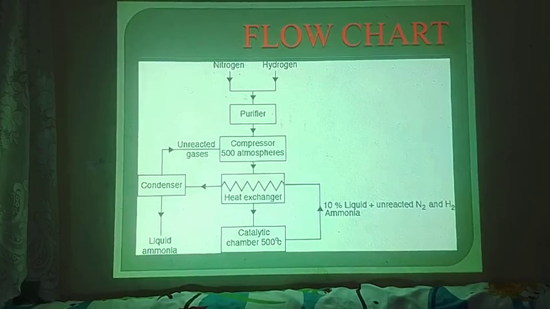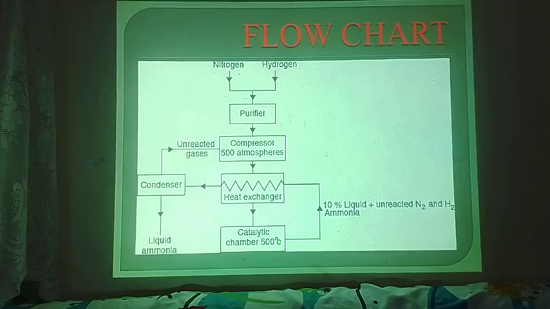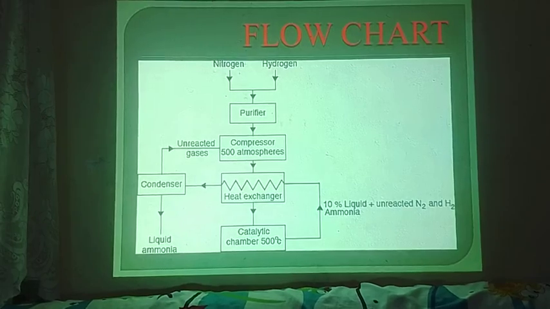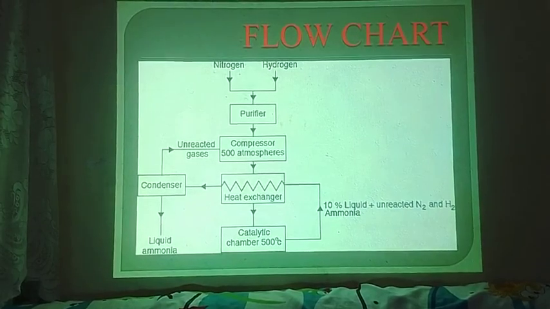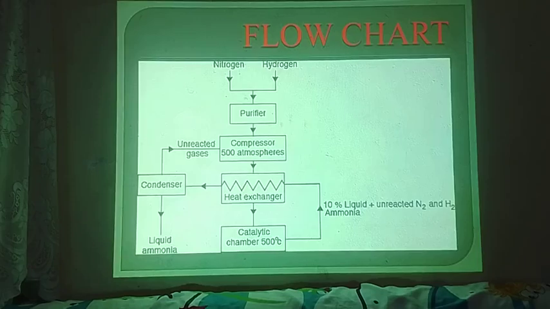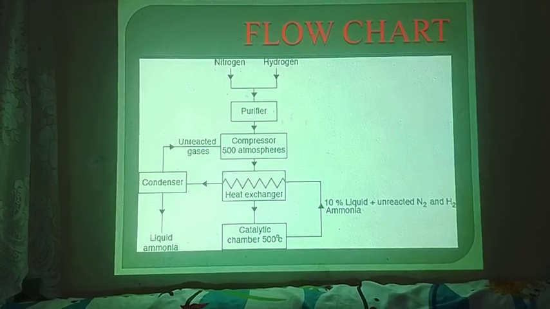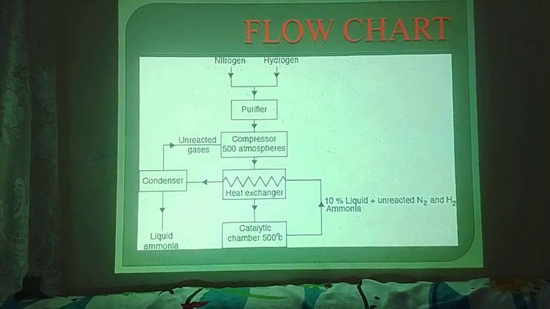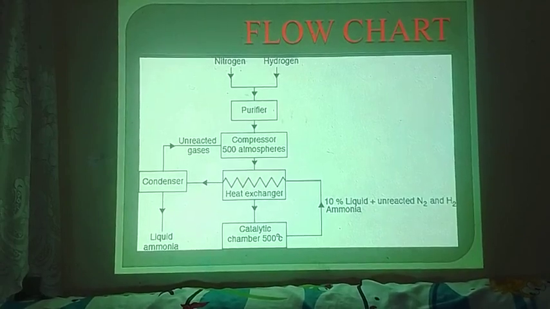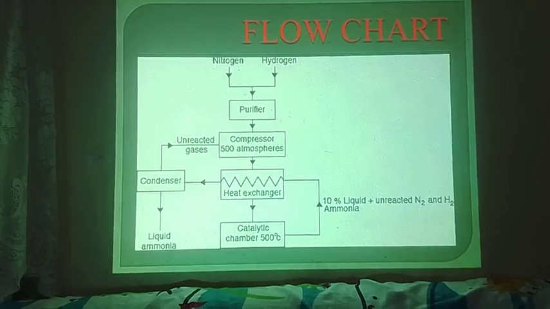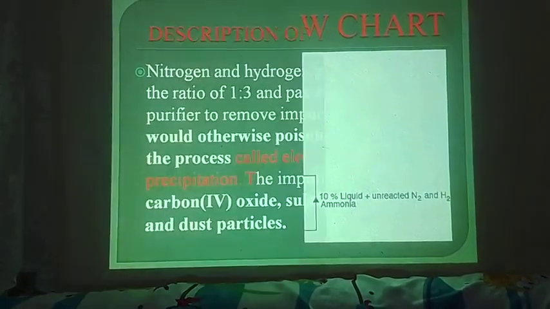Then those gases that don't react are again taken to the compressor, for that is recycling. Then liquid ammonia is taken out, then it is of course collected using some containers in industries and ready for sale. How does it happen?